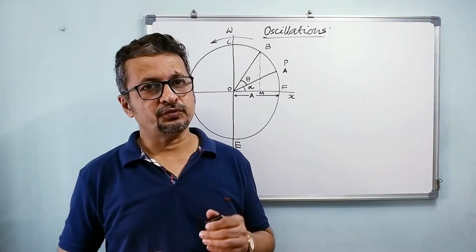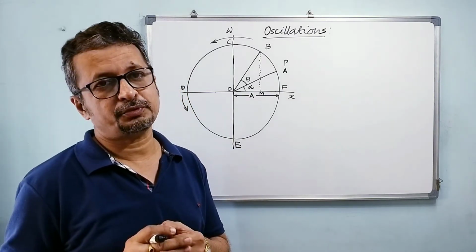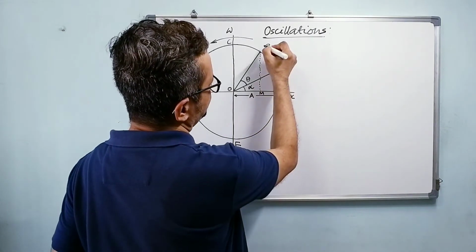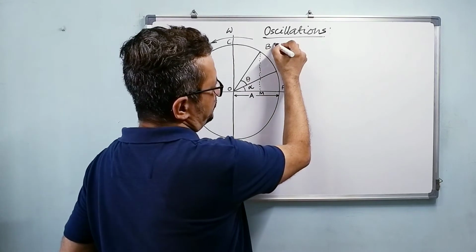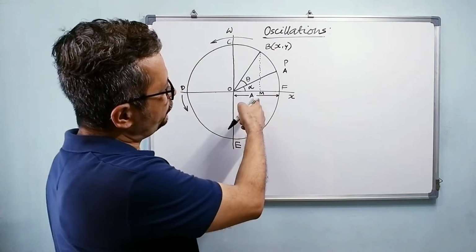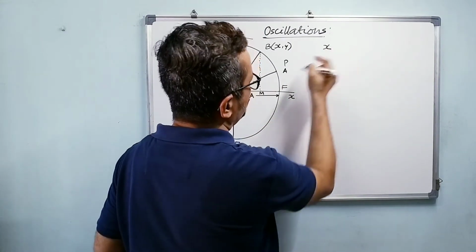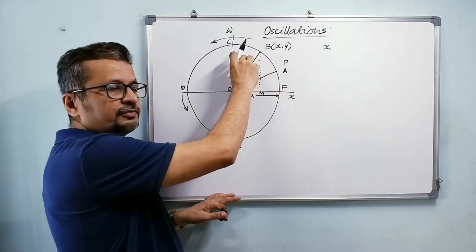Now let us prove that this is simple harmonic motion. We need to prove that. Okay, how do we do that? Now here if you see the coordinate of point B, if it is x comma y, then what would be x here? Will it not be the cosine component of that? This part is my amplitude, or the radius of the circle.